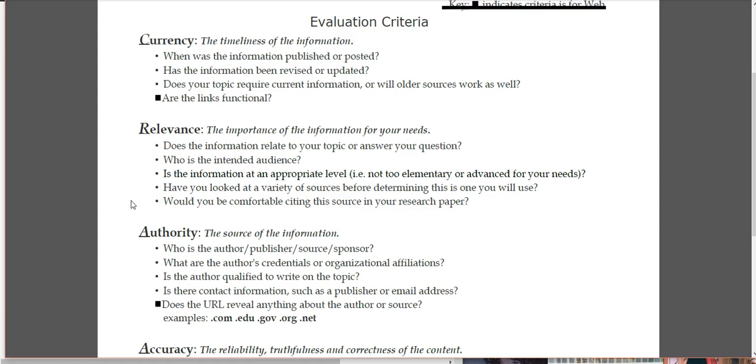Would you be comfortable citing this source in your research paper? So if you are looking at something and you're finding some information, but you don't know how to make sure that that's accurate, for example, you find a Wikipedia article and you think it's the correct information, but you don't want to cite it because you're not able to verify it.